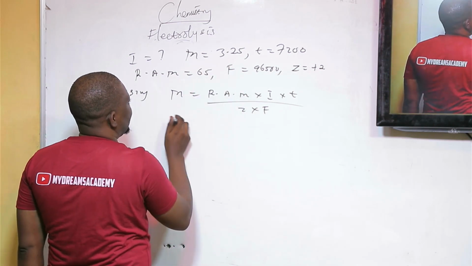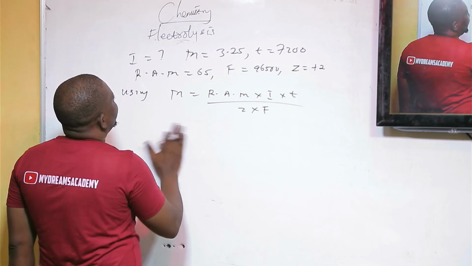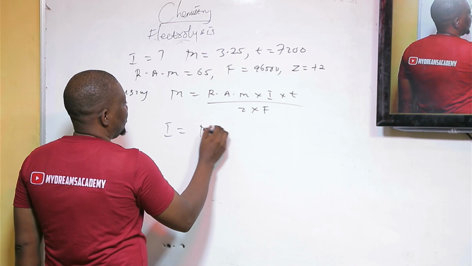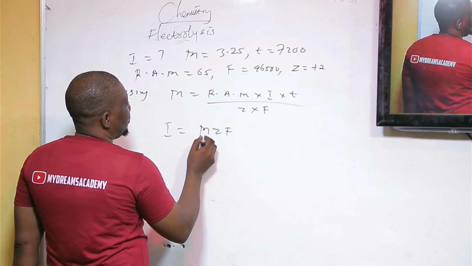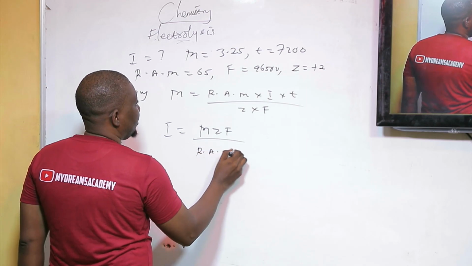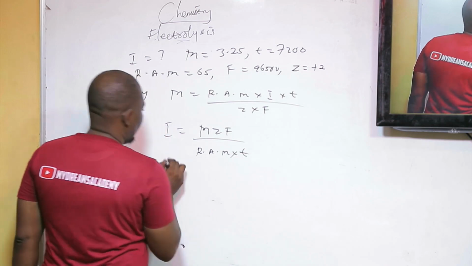So our M is 3.25. What are we looking for here? I. You can say I equals MZF over RAM times T. So what is I?